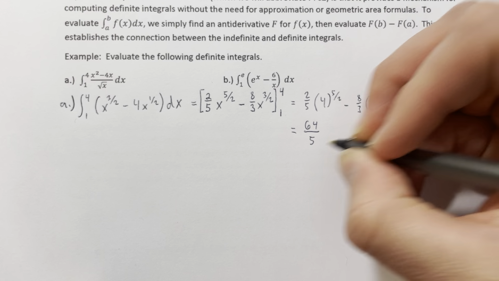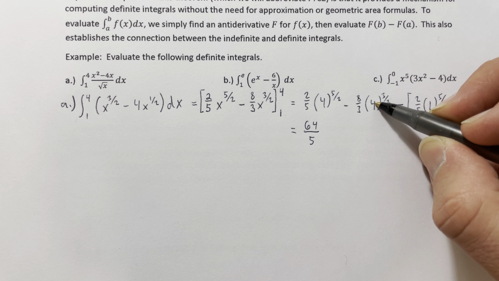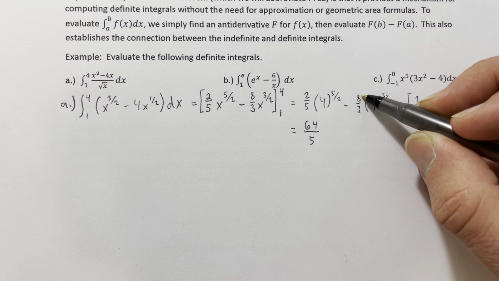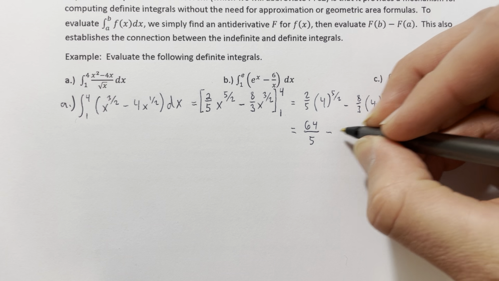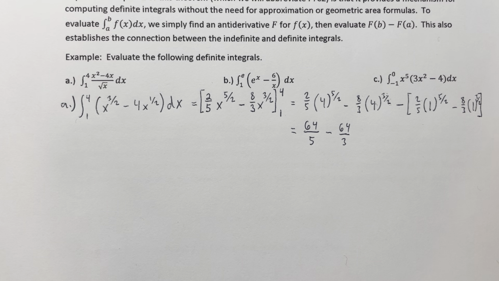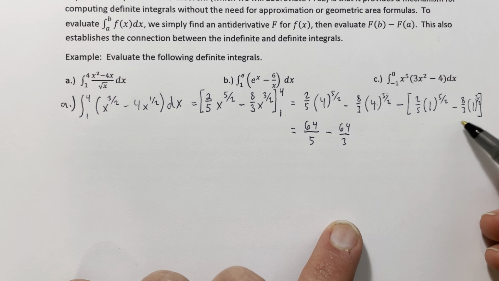So I have 64/5. Here, the square root of 4 is 2. 2 cubed is 8. So 8 times this 8 is also 64. I get minus 64/3.